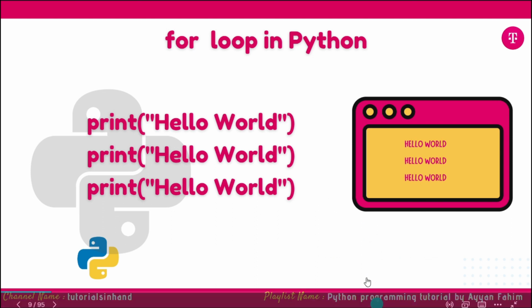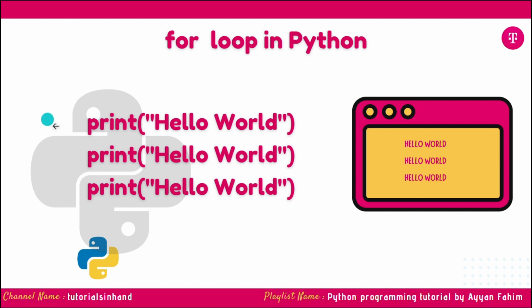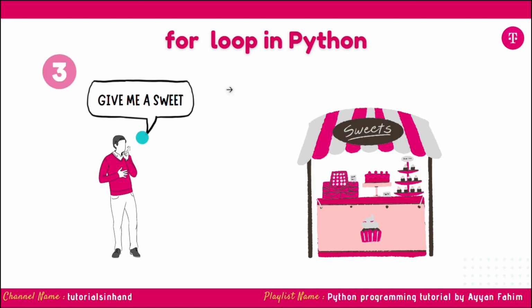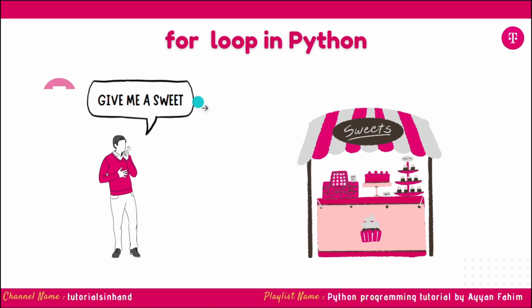Let's say you wanted to print hello world in Python. We know that we can print it with the help of this statement, which is print hello world. But let's say you wanted to print it 3 times. Then the normal approach would be that you write it thrice, right? This is nothing but the same approach we followed in the earlier situation, where we repeated the same task again and again 3 times.